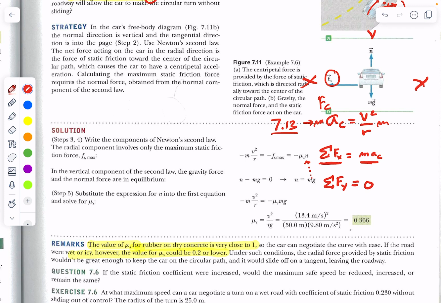They're using lowercase f with an s to be the force of static friction. And I would probably do F as a force, F for friction, and maybe a little letter S to designate static. Most of our problems have been kinetic, but in this case, we're talking about static.